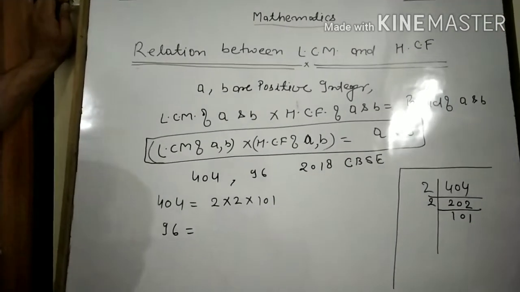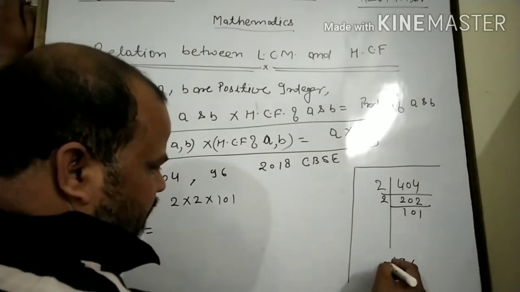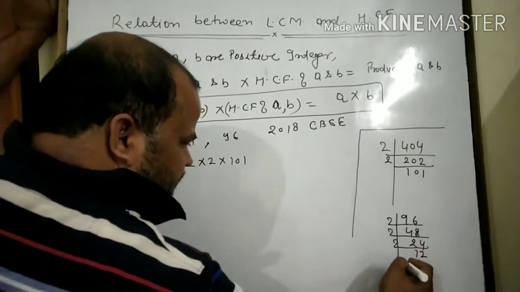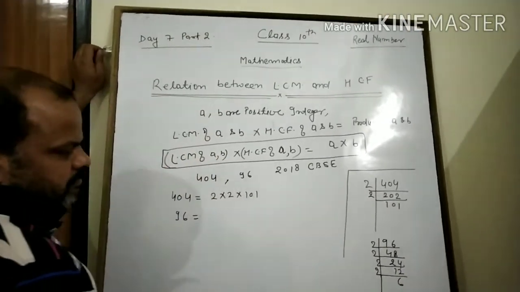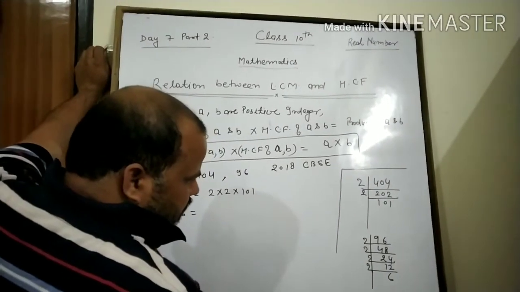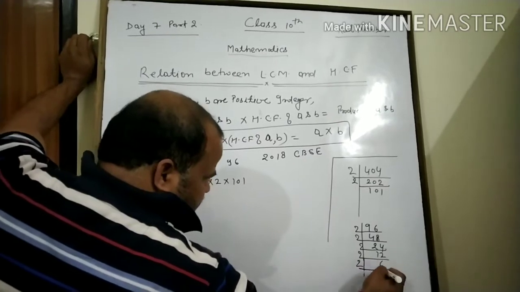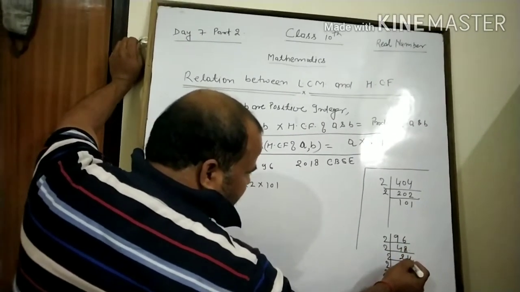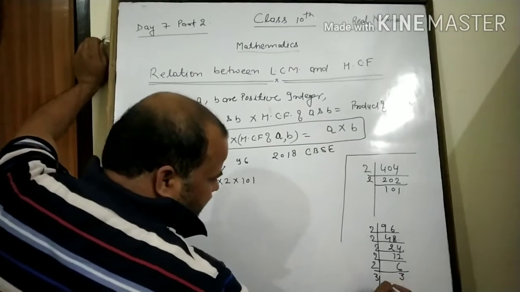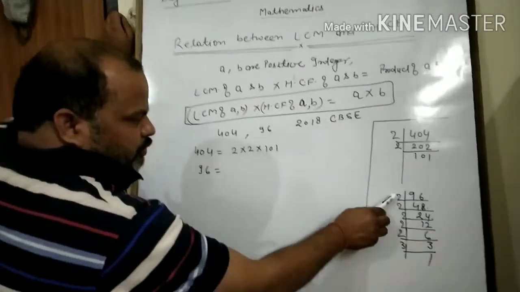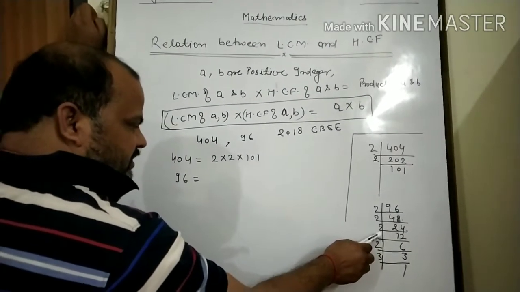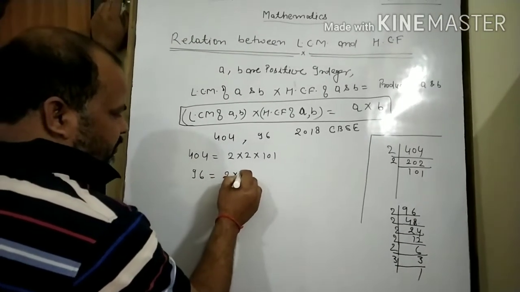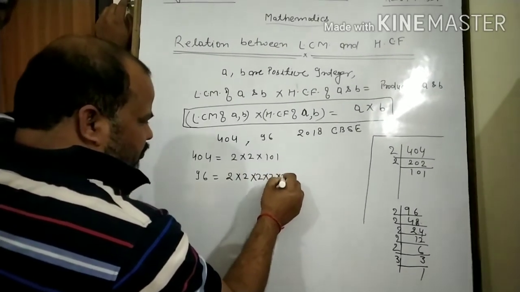Clear? Then after, 96, 48, 24, 12, 6, 3, and 1. So 96 is written as 2 into 2 into 2 into 2 into 2 into 3.